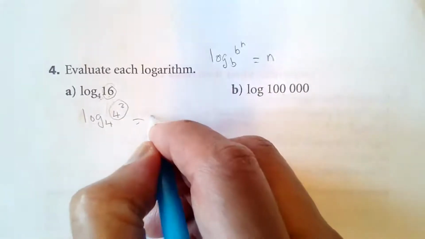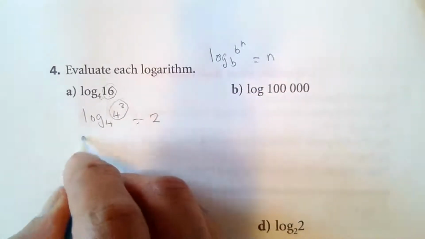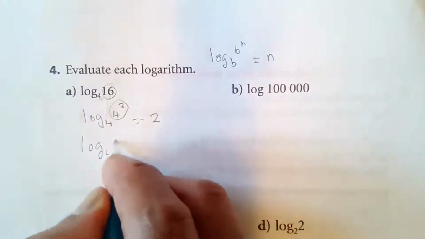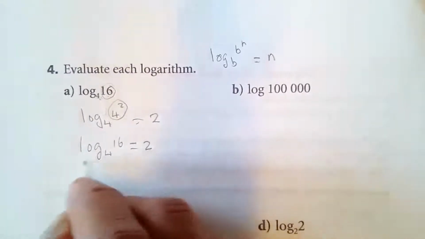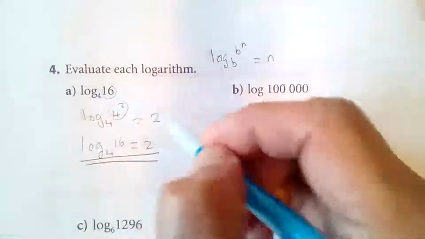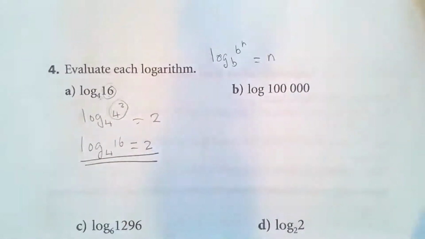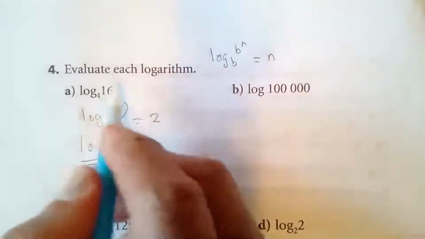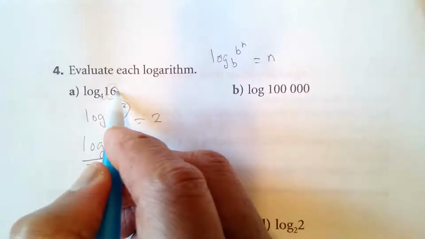So now it's equal to 2. So we can conclude log base 4 of 16 is equal to 2. Of course, log base 4 of 16 is the exponent 2.